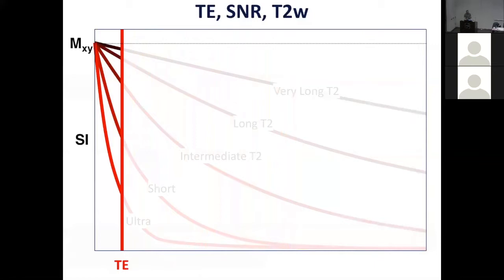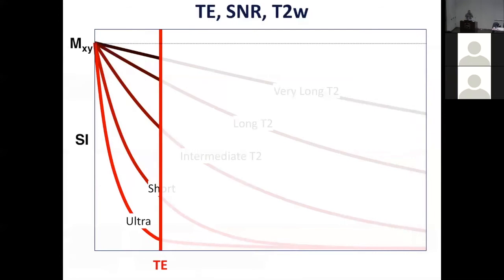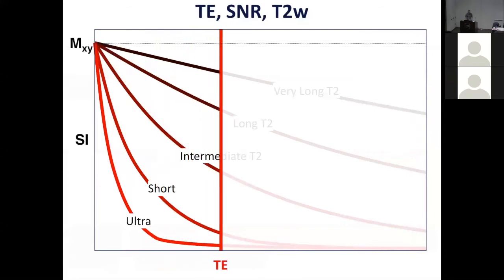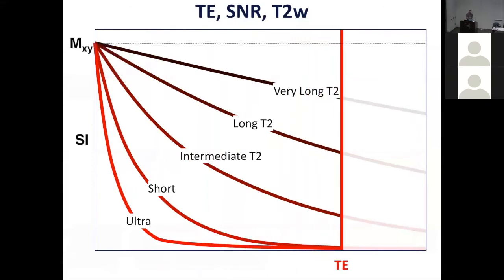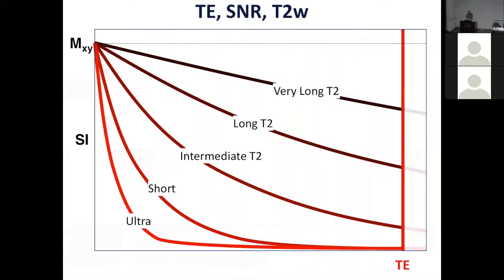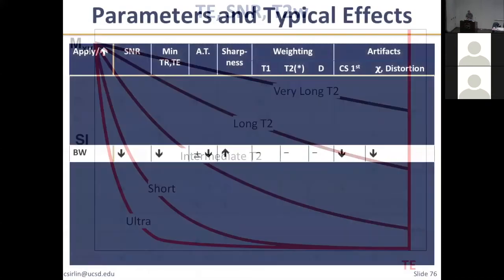If I'm trying to separate short T2 from ultra short T2, I want to use a very short TE. If, on the other hand, I want to separate very long T2 from long T2, then I want to use a long TE. Does that make sense? The TE you pick depends on the tissues or abnormalities you're trying to differentiate.